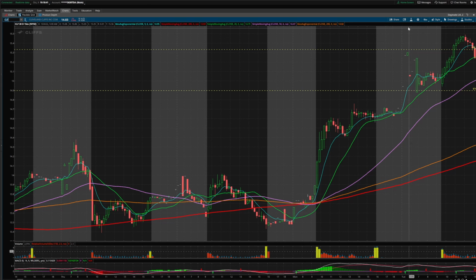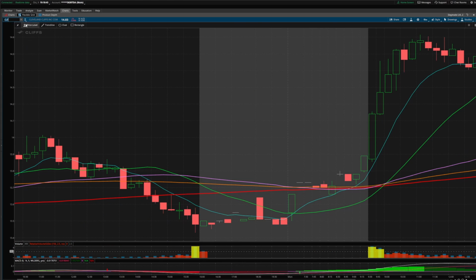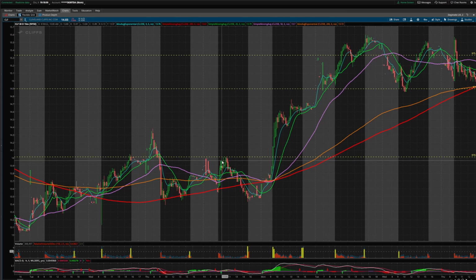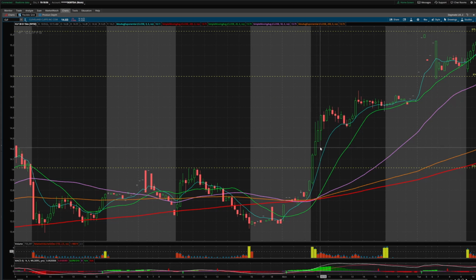So seeing the strength of that first candle on CLF above the previous day high, above Friday's high, right? Friday, we saw that strength on that first candle higher. I did enter a little bit late on that second candle, but we ended up riding those contracts from 1426 all the way to the high 1476.